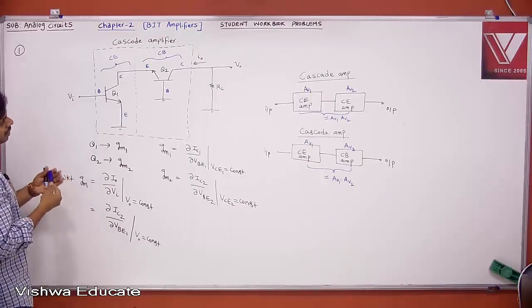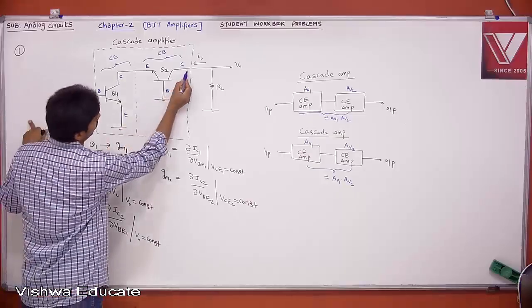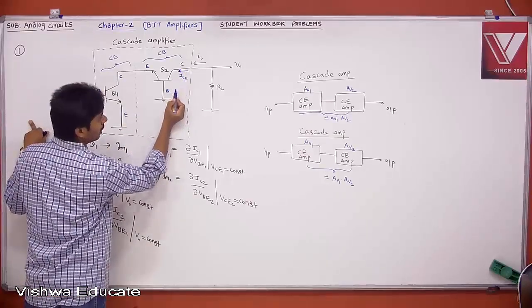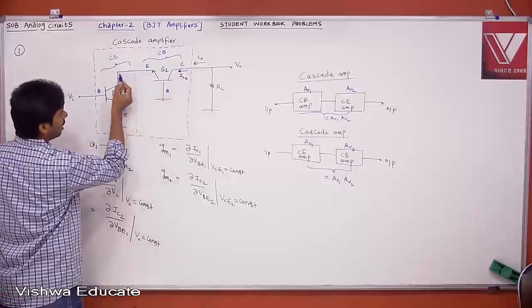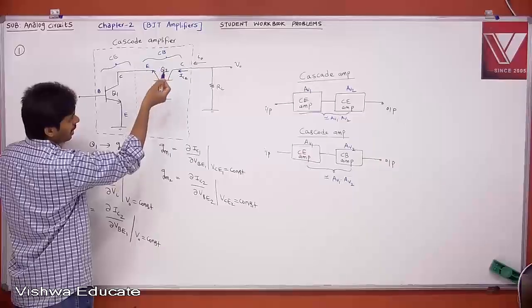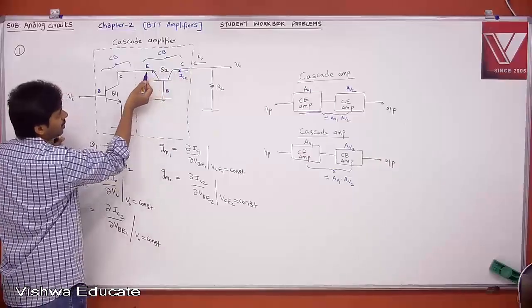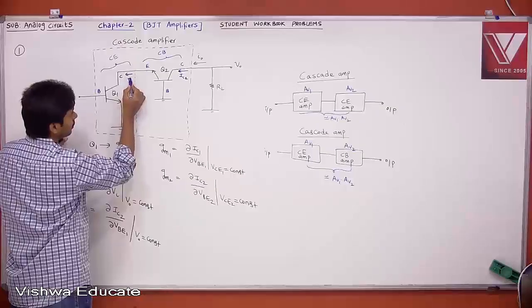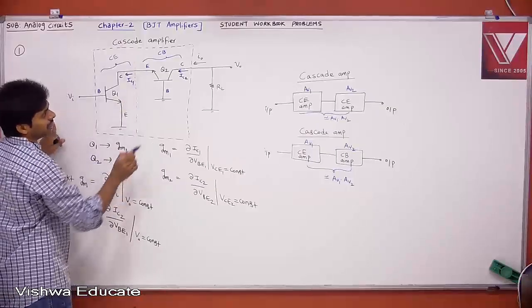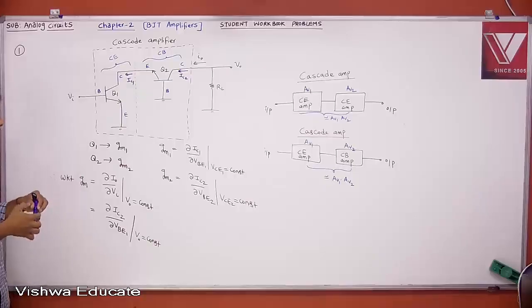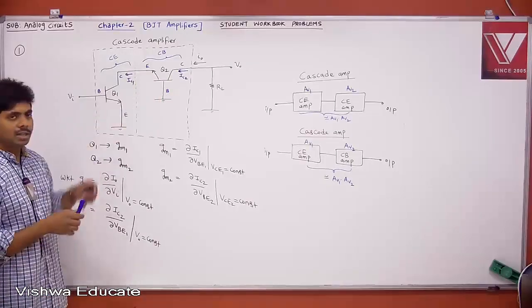If you observe clearly, this is your collector current, the same current, because if I neglect base current, if beta is very large, your IC is approximately equal to IE. The same current is nothing but your IC1. Therefore, can I say your IC2 is approximately equal to IC1?